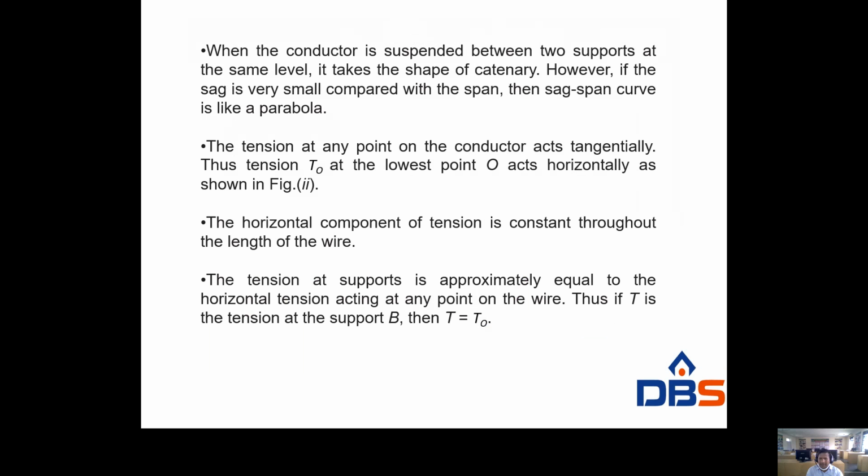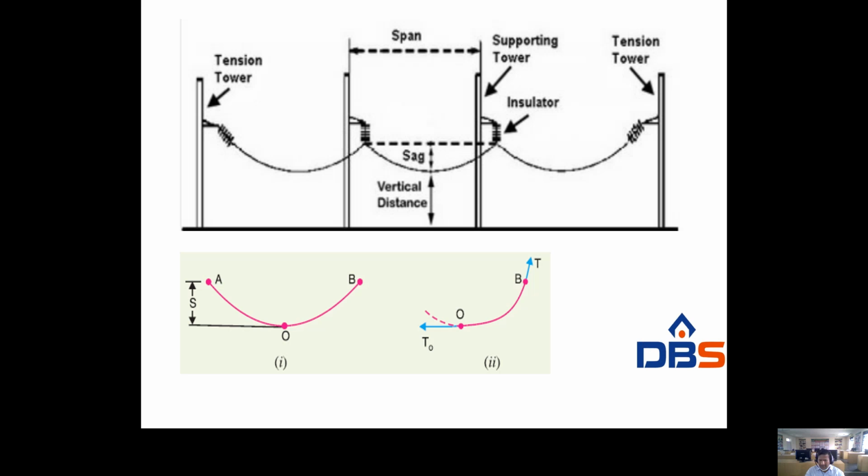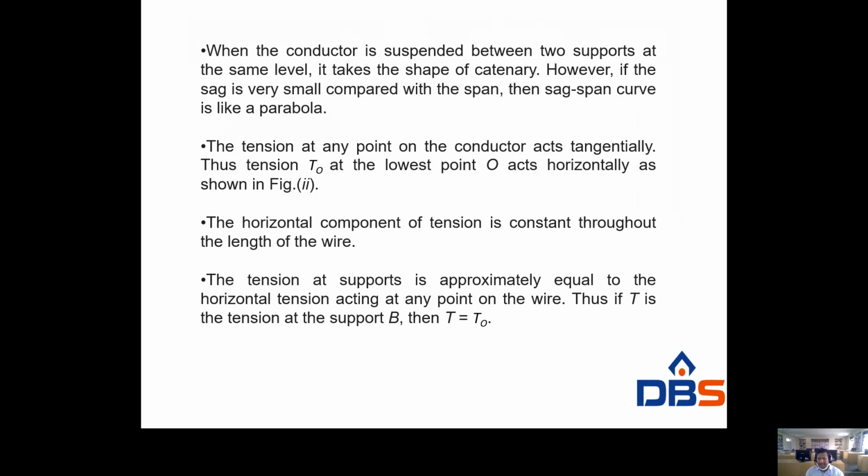The tension at any point on the conductor acts tangentially, that means parallel to the conductor. It will act as a tangential force. Thus the tension T naught at the lowest point O acts horizontally, as shown in figure 2.